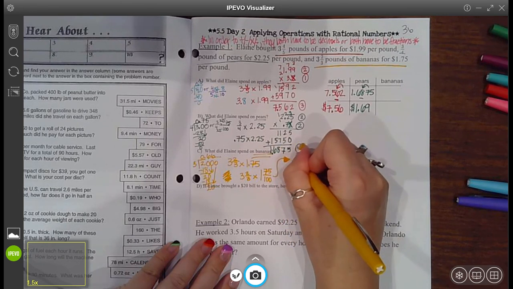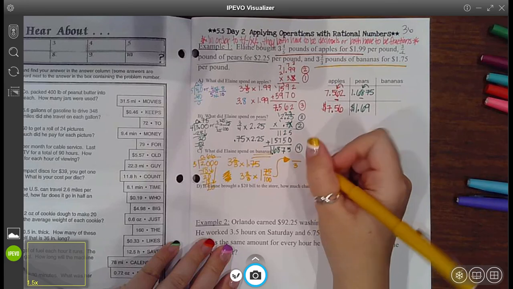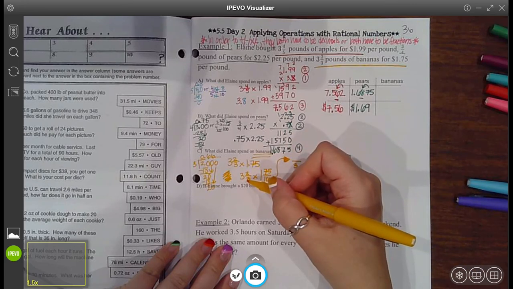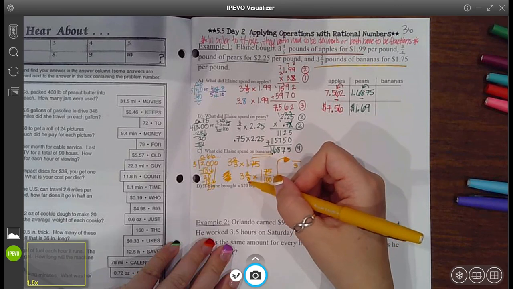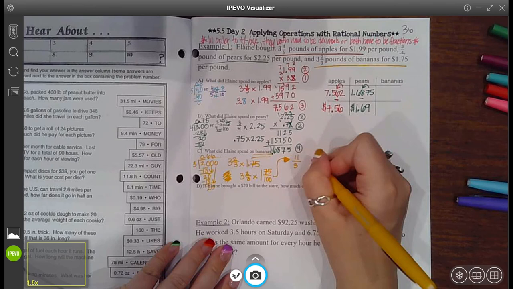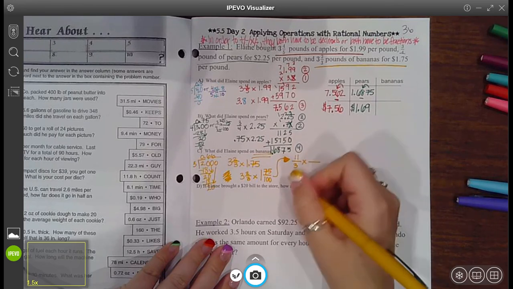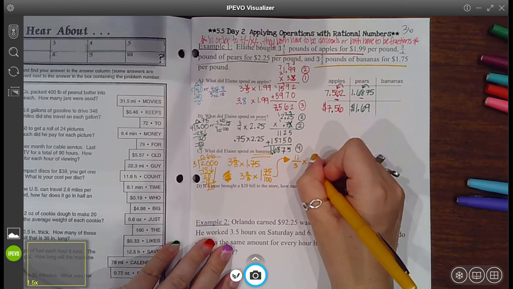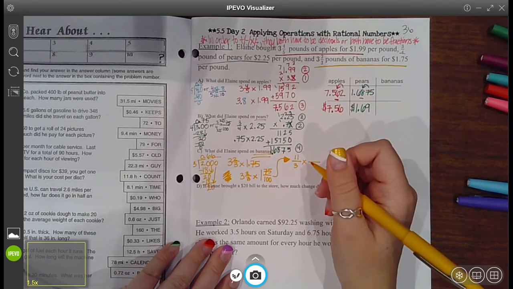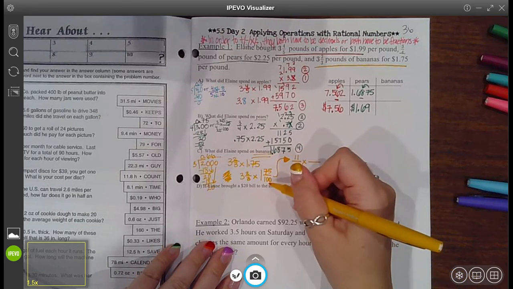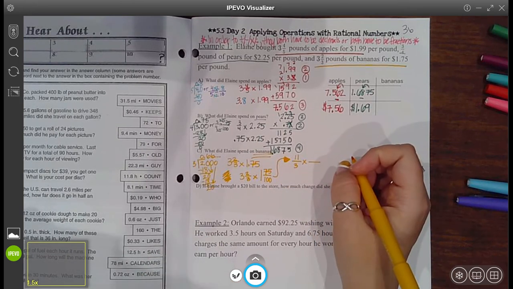So you keep the denominator the same. And then to get the numerator, you multiply the denominator and the whole number and add the numerator. So 3 times 3 is 9, plus 2 is 11. Okay, this one, your denominator will stay the same. So I could keep it as 100 right now.